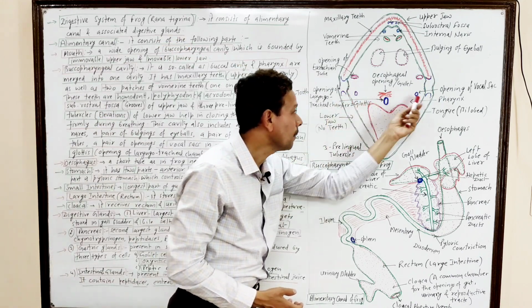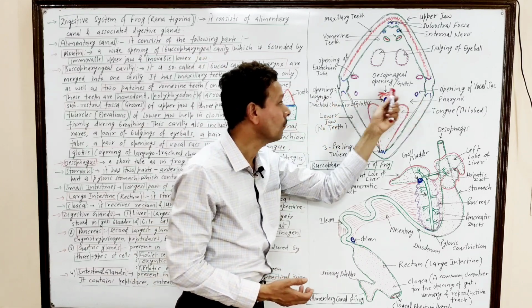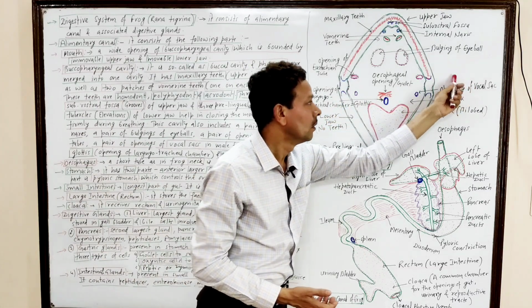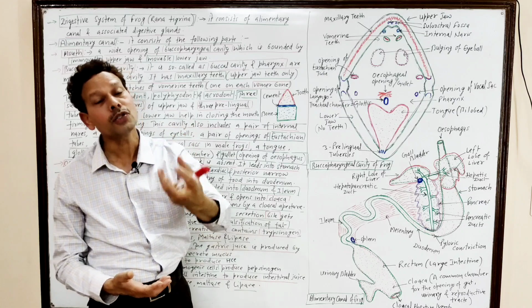And in this lower part, in the male frog, a pair of openings are there, and these are the apertures of the vocal sacs.